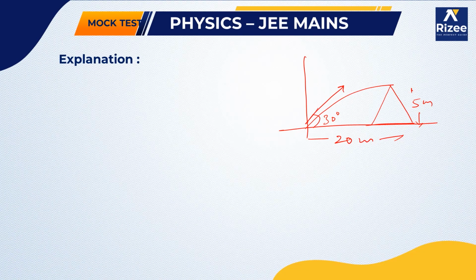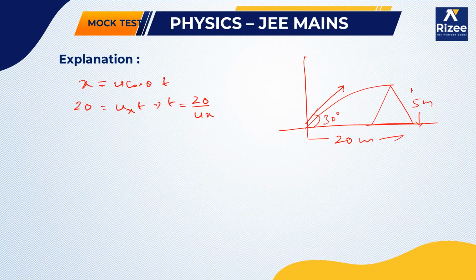Now for the equations: since horizontal acceleration is 0, x is equal to u cos theta into t. X is equal to 20 meters, so 20 is equal to ux into t, and from this the time t is 20 by ux.